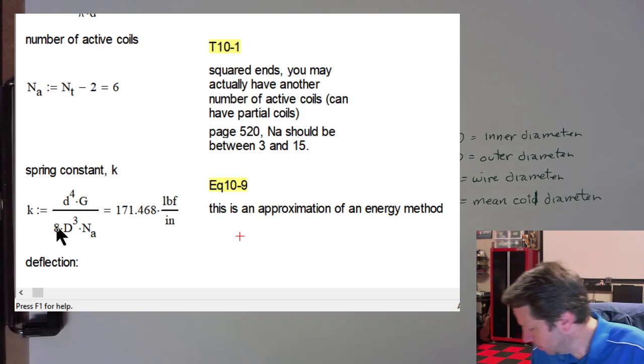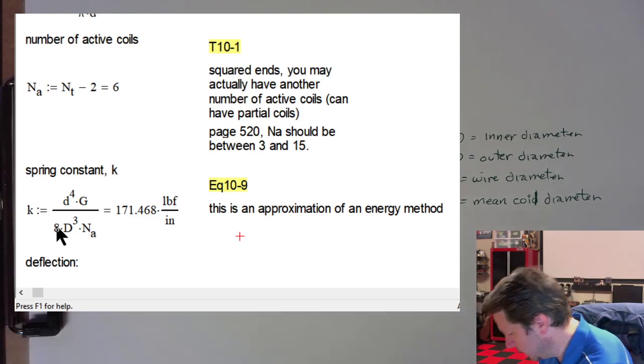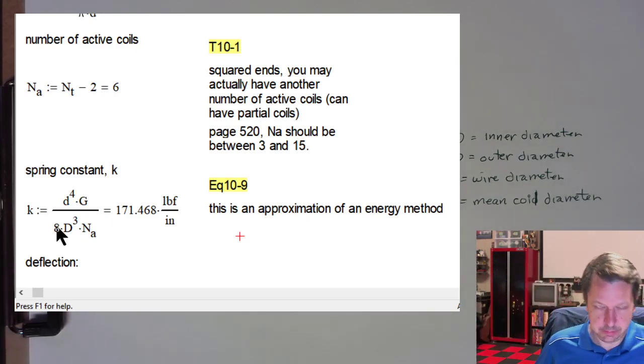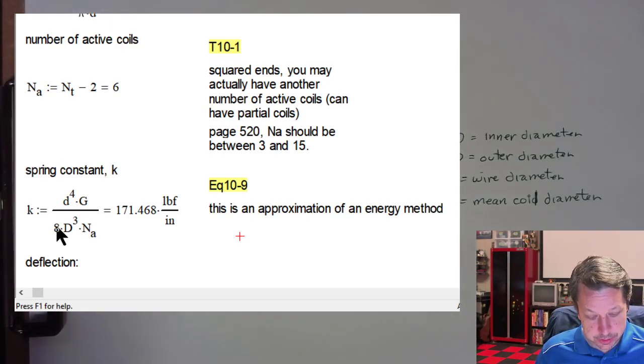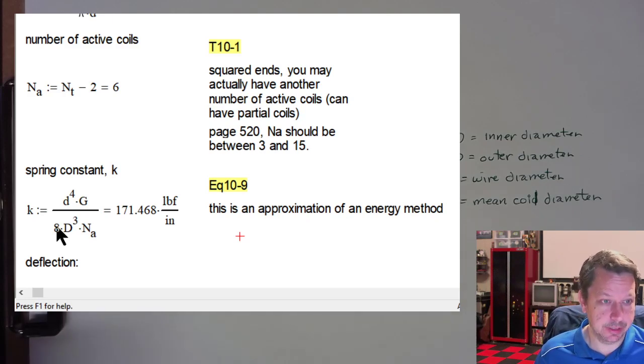Now, I will point out, this is on page 512 in the 10th edition. They start out with an energy balance method, so Castigliano's theorem, to get to a deflection, which will get them to a spring constant.